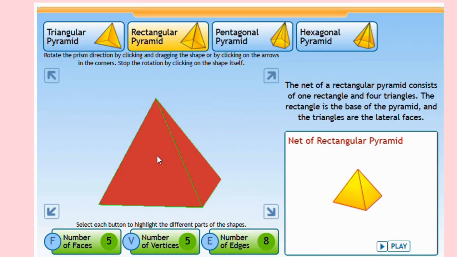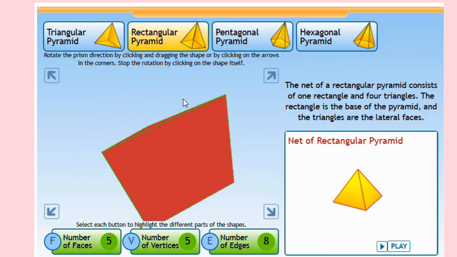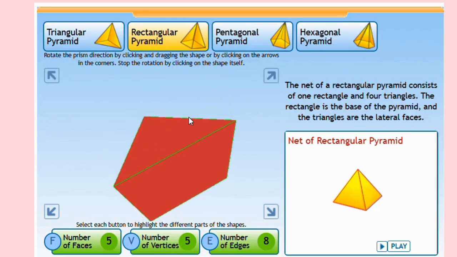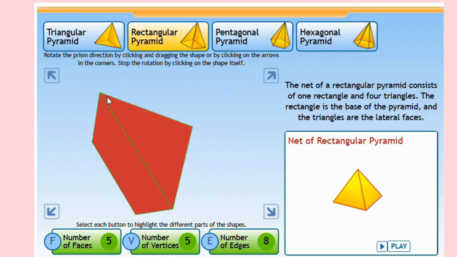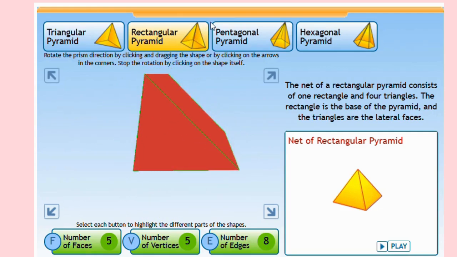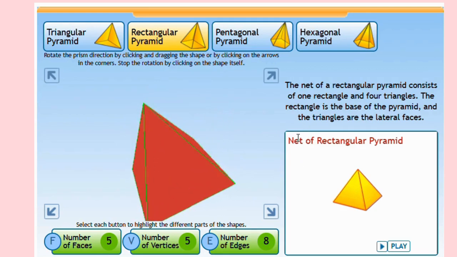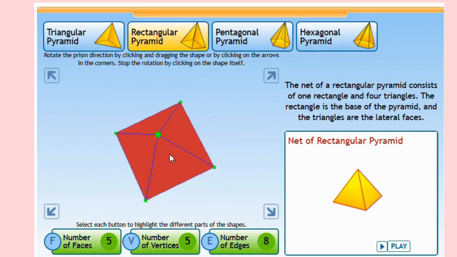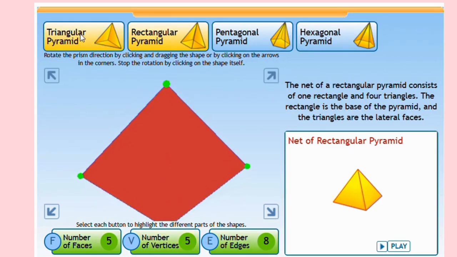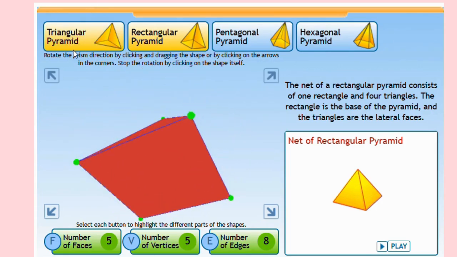This then has one square base, and from each side of the square, there's 1, 2, 3, 4 triangles connecting it, making it 5 faces. Then the number of vertices will be the one at the top where all the triangles meet, and then one from each of the square vertices.